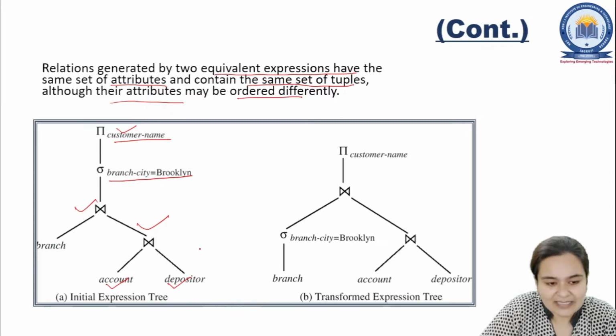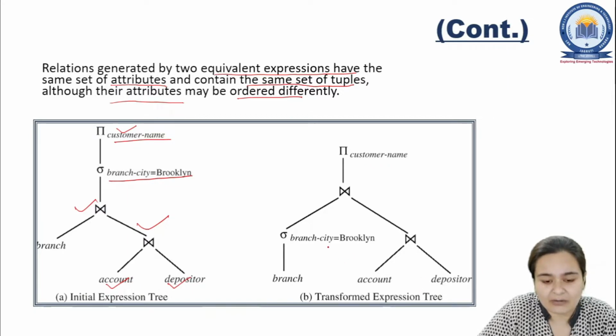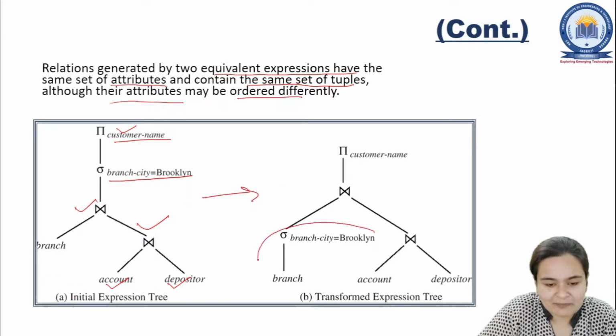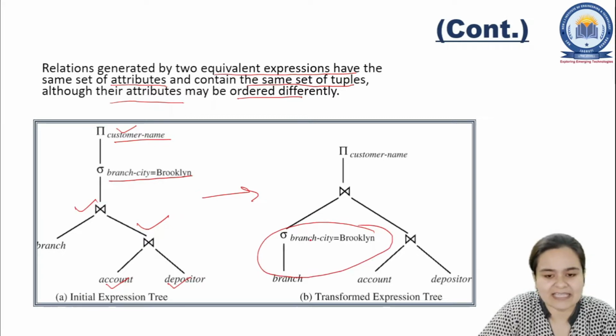From these we take the values of customer name. We can transform this tree into another tree where we first filter the branch city of Brooklyn, then perform the join over account and depositor, and then take out the customer names.